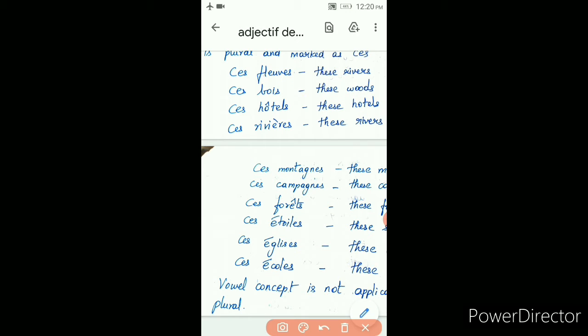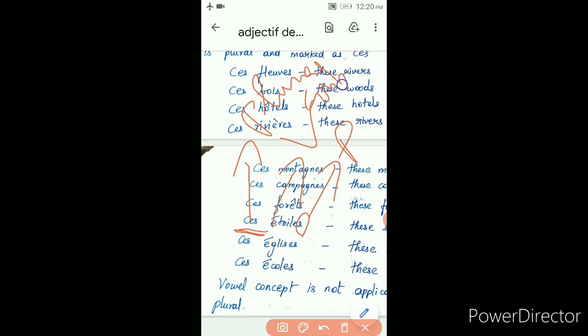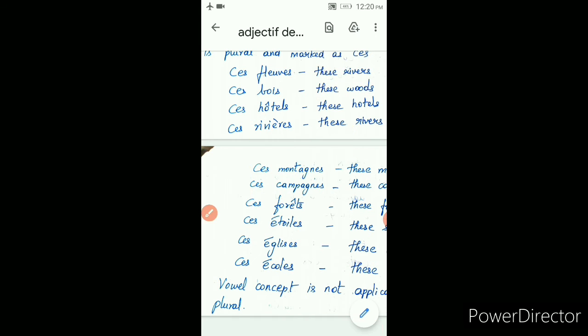Then says étoile. Though it is starting with a vowel, it is ending with es. So for plural, the vowel concept is not applicable. You have to apply only the plural concept, ces. So same like this, église. It is starting with e and it is ending with es.